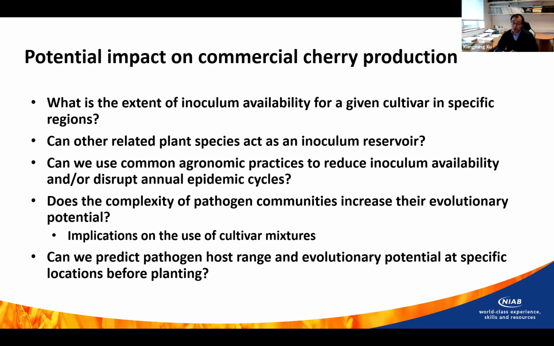And finally, it's obvious, if you want to plant a new orchard at a particular site, you could ask, can we use information on the Pseudomonas syringae isolates in the region to predict whether we have any isolate that can infect cherry? Although these questions cannot be answered now and are very long term, they are really fundamental and very important for commercial cherry production in the UK, given cherry is such a high value crop.